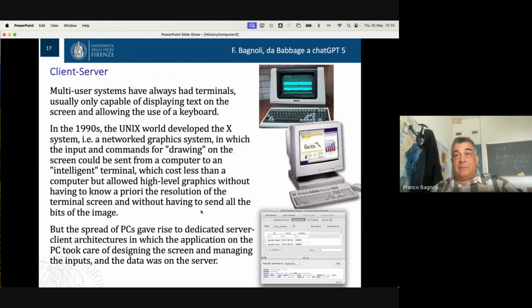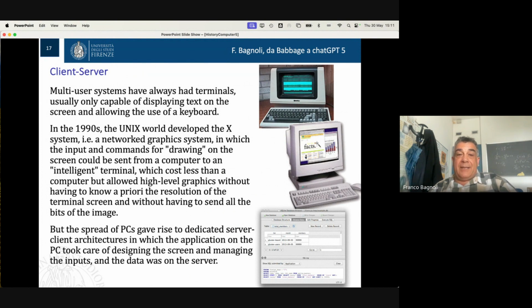Another thing that appeared at the end of the 90s was in some way coming back to the era of minicomputers, because at the beginning of this decade you had servers, generally minicomputers, with the terminal attached. The dumb terminal, in the sense that the terminal was only used to show the screen and to enter something, but it had essentially little power of elaboration.